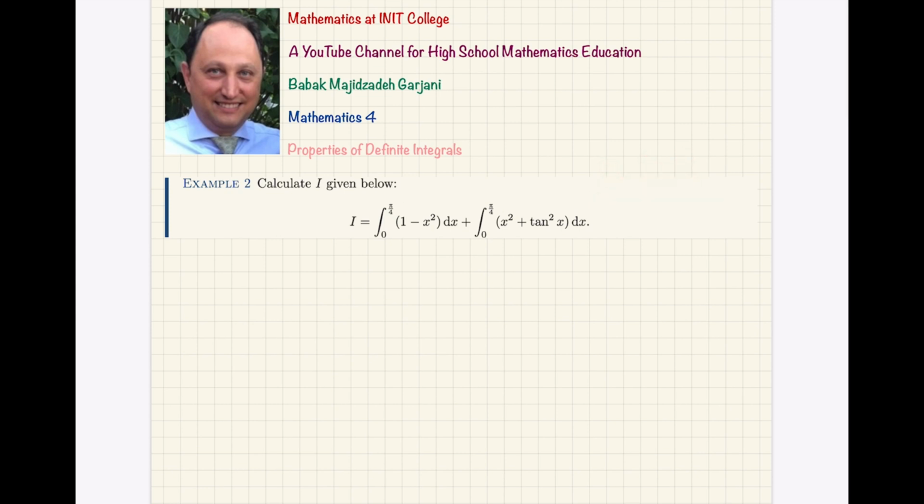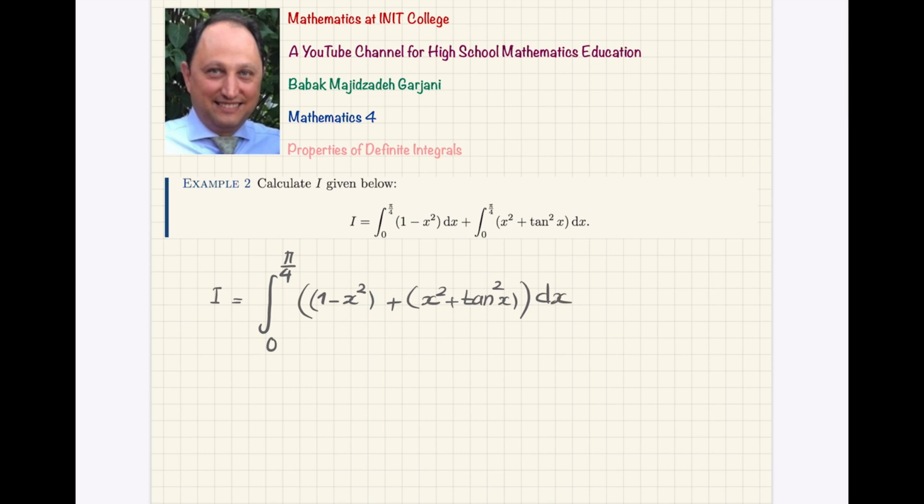Okay, so here I am doing the opposite direction of the formula, yes? So I am writing this I in this form. I would say that I is equal to integral from 0 to pi over 4. So it is very important to see that the limits are exactly the same. Otherwise I cannot use that theorem. So integral from 0 to pi over 4, then I will write 1 minus x squared as my first function, plus x squared plus tangent squared x as my second function, then dx.